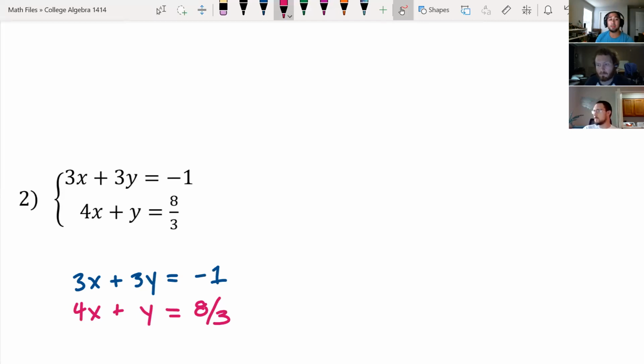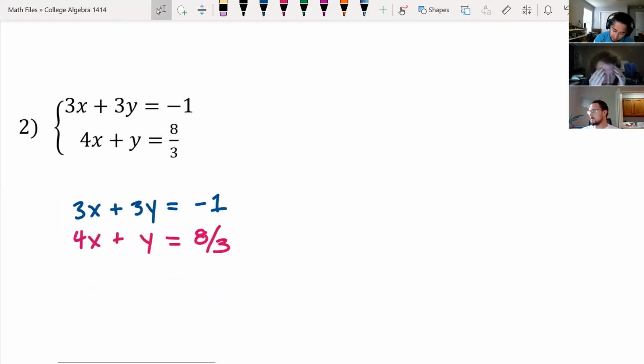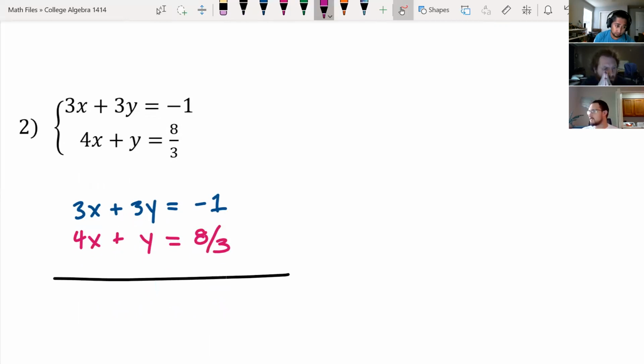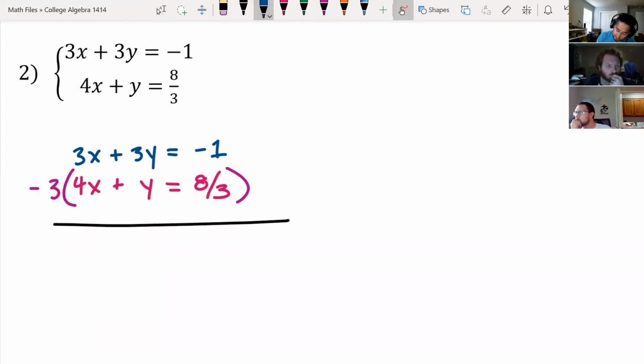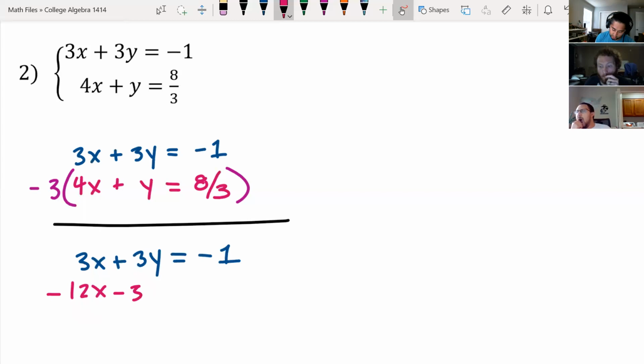So if we want to eliminate y, what would I multiply the second equation by? -3. Good. And this means I'd get 3x plus 3y equal to -1. My new equation is -12x minus 3y equal to -8.